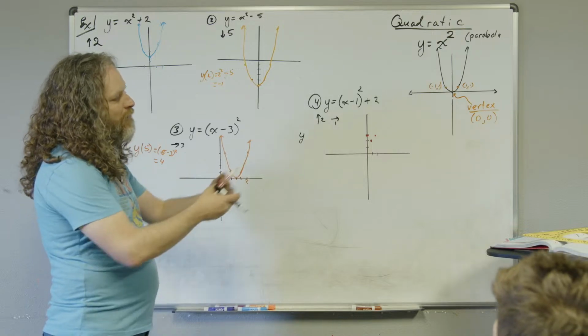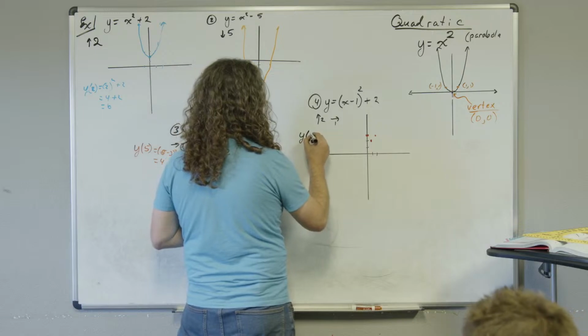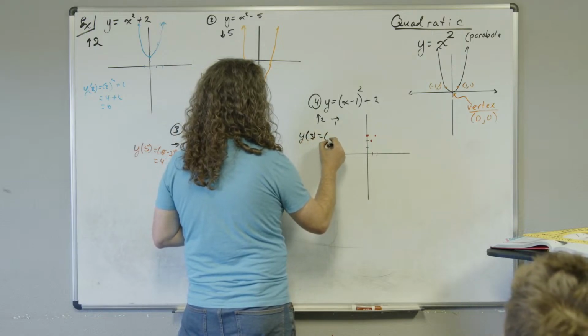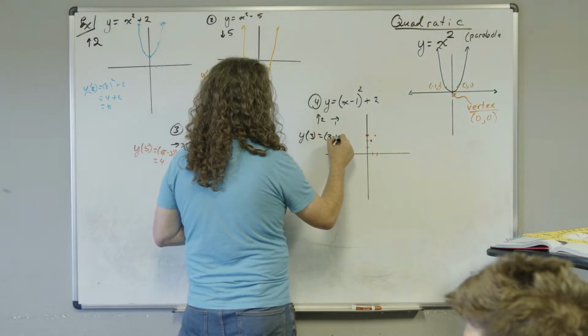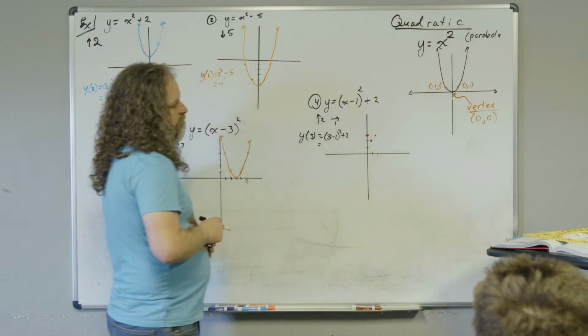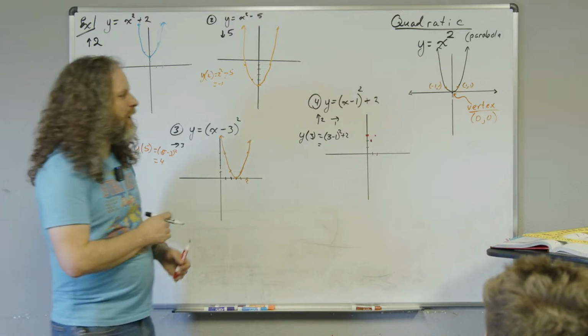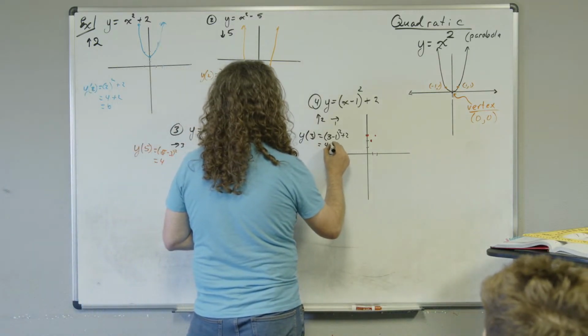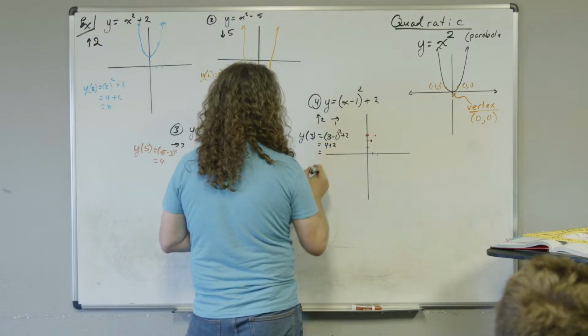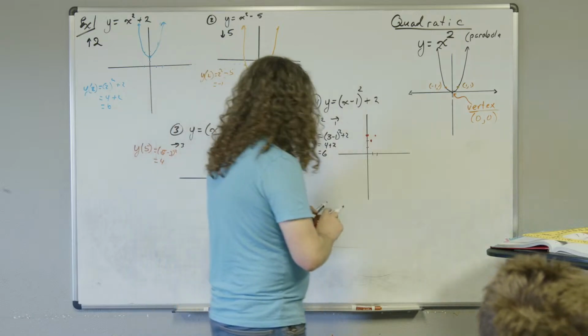How about just 1 over 3? y of 3 equals 3 minus 1 squared plus 2. What's 3 minus 1? 2. And what's 2 squared? 4 plus 2. What is 4 plus 2? 6. It's going to be at 3, 6.